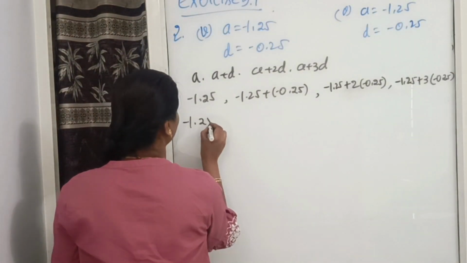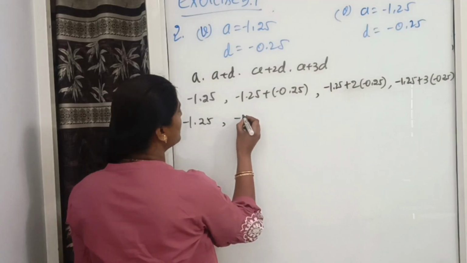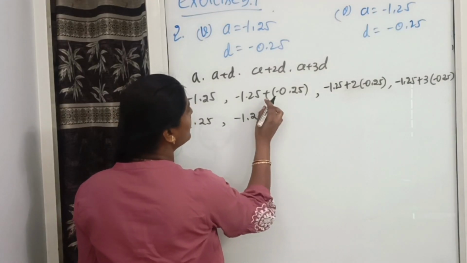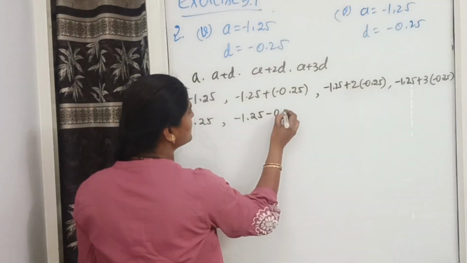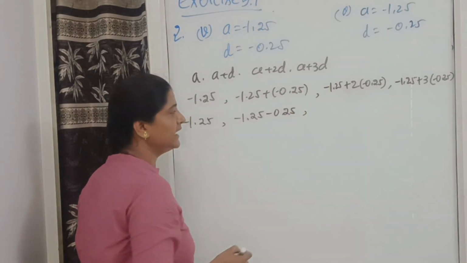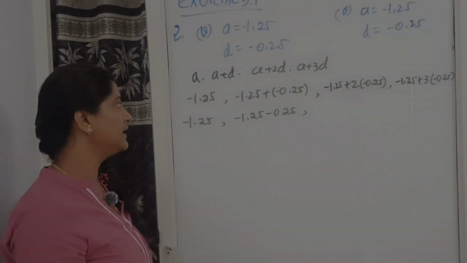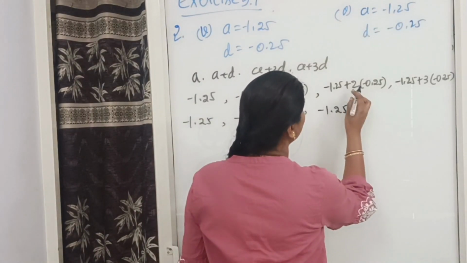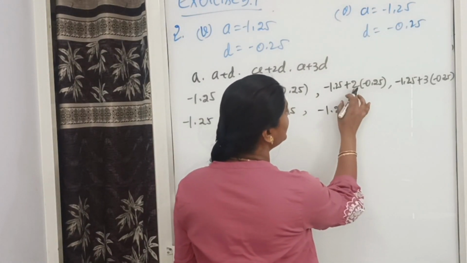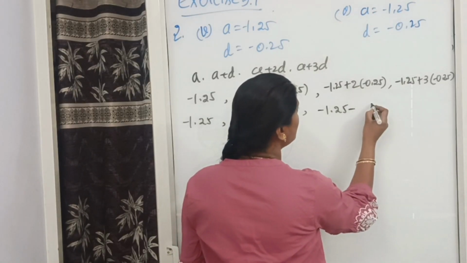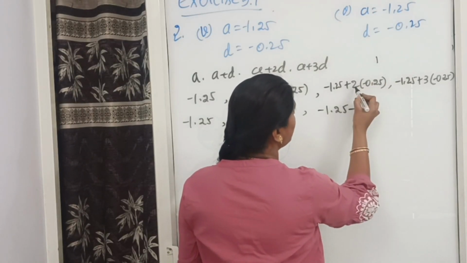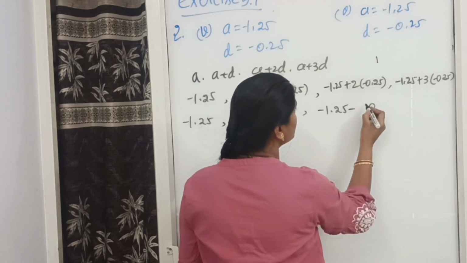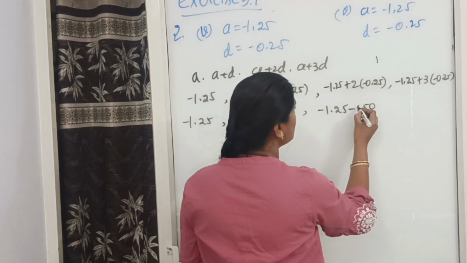Minus 1.25, and here minus 1.25 plus into minus 0.25. With decimal numbers, little more concentration is needed. Multiply 2 with this: 2 fives are 10, 1 is the carry. 2 twos are 4, 4 plus 1 is 5. 2 zeros are 0.